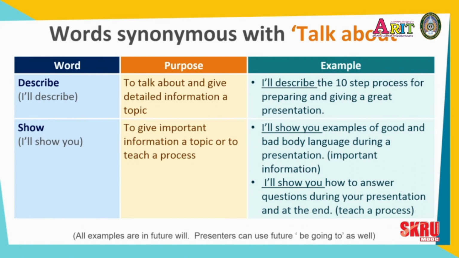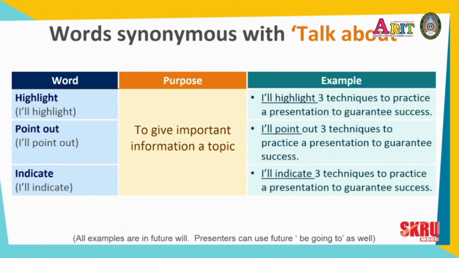We also use describe, very similar to explain, or show, which is very similar to explain as well. So I'll talk about and give detailed information. I'll give important information on a topic or teach a process. So they're very similar to explain when you're going to give detailed information.